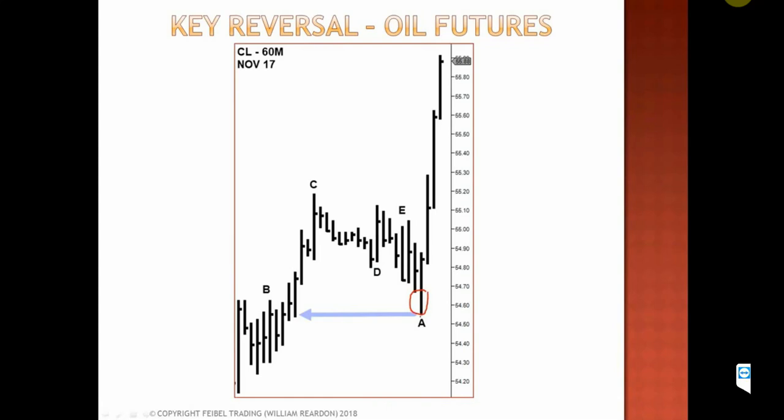So A, there is a lack of supply, and B, bulls come in again to drive it back up to close firm, and this bar accomplishes a great deal. And then we take off like we should, because this is a key reversal bar. It disconfirms supply.